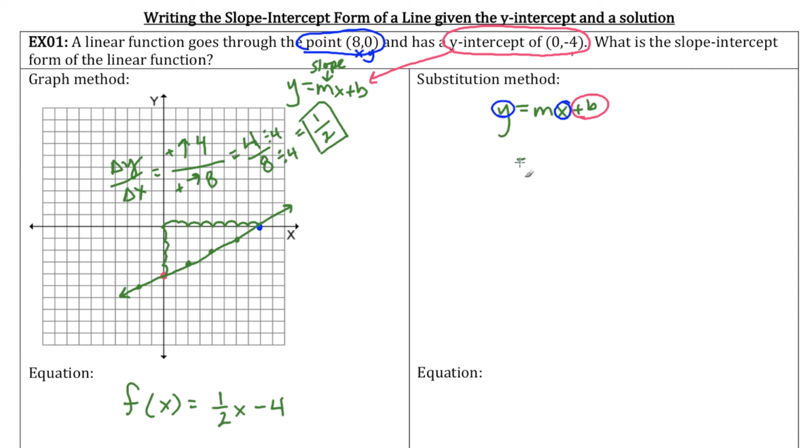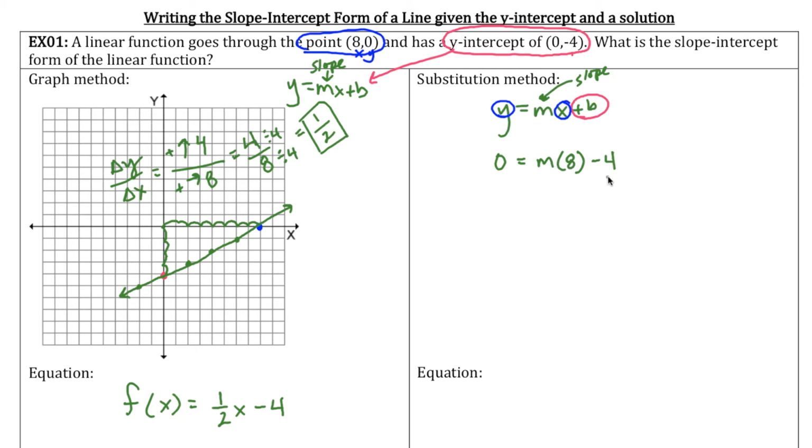Remember, we're looking for m. We don't know m. This is our slope again. We know that x is going to be 8, we know that y is going to be 0, and we know the y-intercept is going to be negative 4. Now all I've got to do is solve for m.